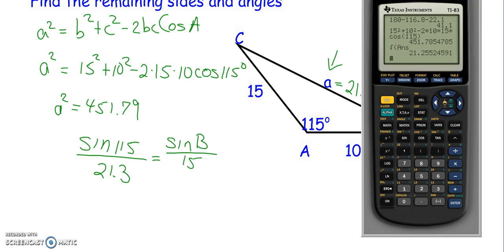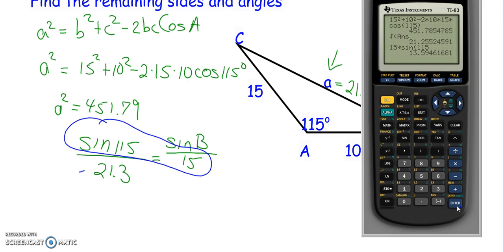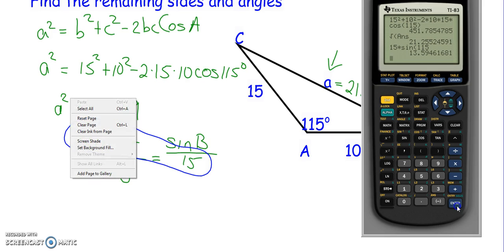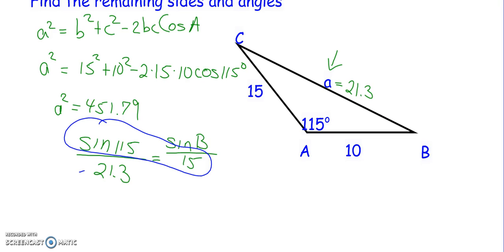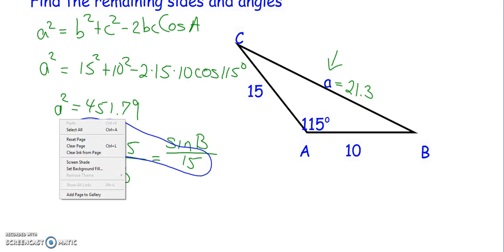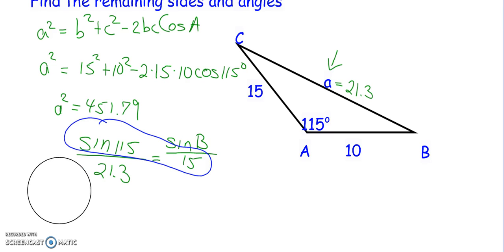Again, I'm typing in 15 times the sine of 115. That's going to be the cross multiplication. That is this cross multiplication right here. And assuming you're getting better with law of sines, there's now just one more division that I need to take into account for, and it's going to be a divide by 21.3.